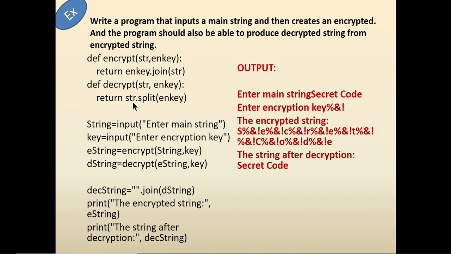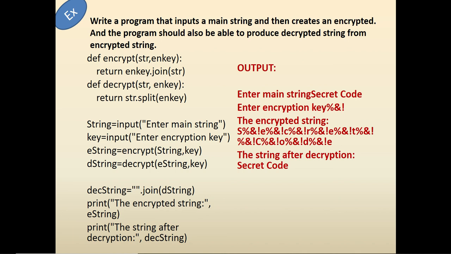So you are decrypting, that is, you are splitting the particular string based on the key that you entered. After this step, you will have the list of characters, that is s comma e comma c comma, because the result of the split function will give you a list. Now I have to get the secret code as one single string.